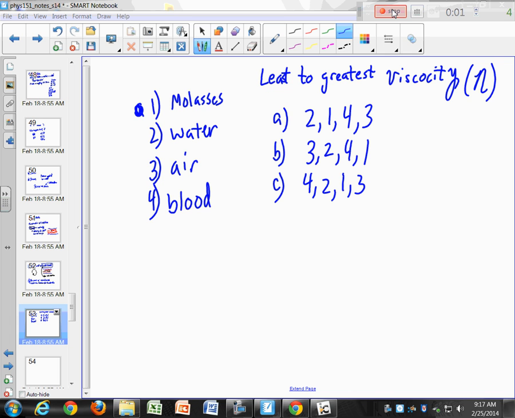Remembering viscosity is a measure of how slowly it flows. The least viscosity, least viscous to greatest viscosity. About 10 more seconds. I'll stop at 35.